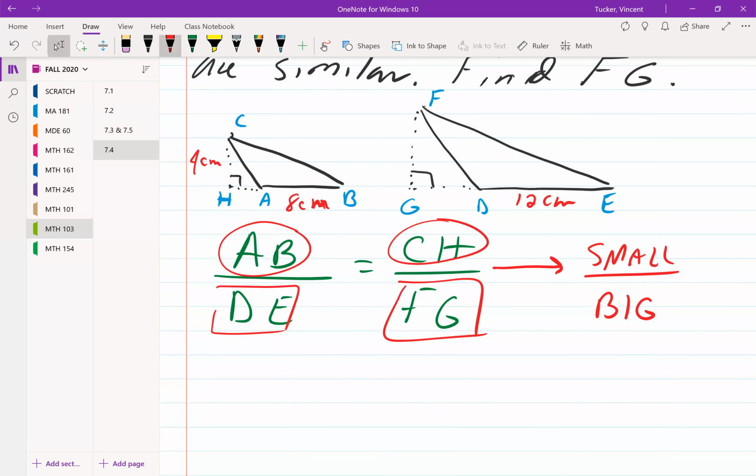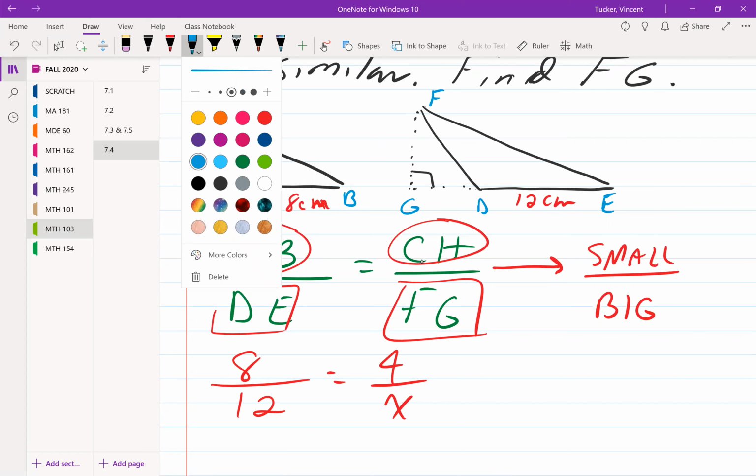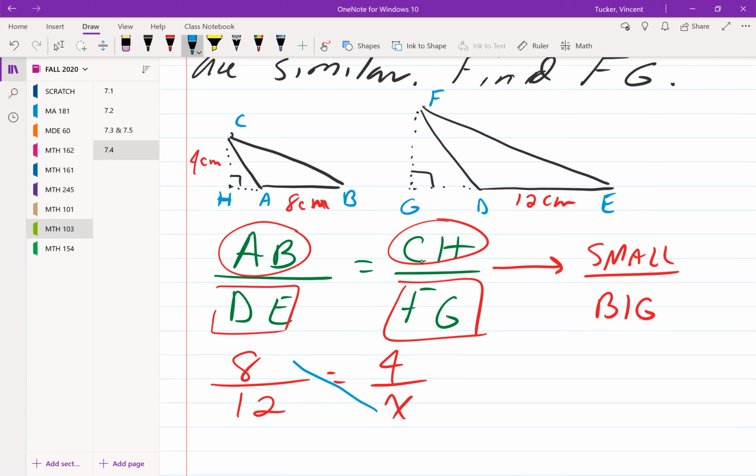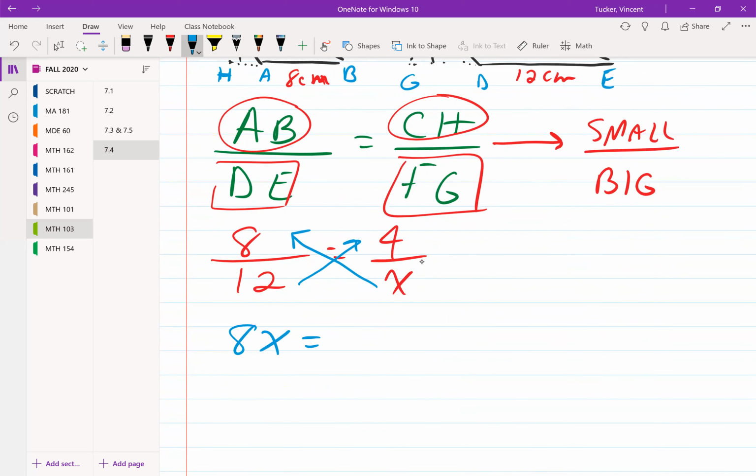So now we can go ahead and plug in numbers. AB is 8, DE is 12, CH is 4, and FG is unknown, so we can call it X or whatever variable you like. Now we can solve by doing cross multiplication. Always take your denominators up to the opposite numerator. So on the left, we will have 8 times X, and on the right, we'll have 12 times 4.